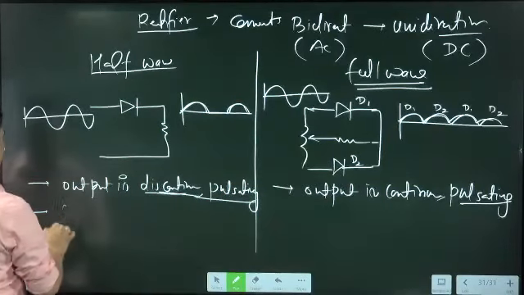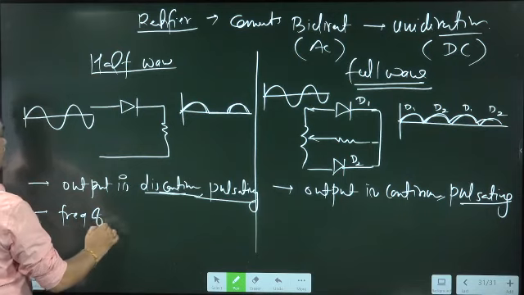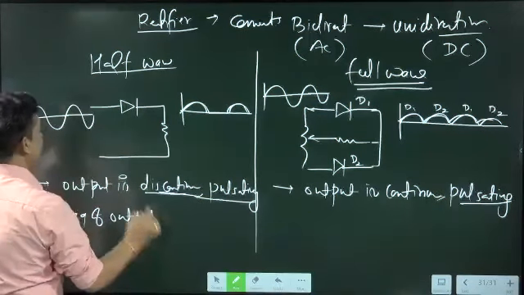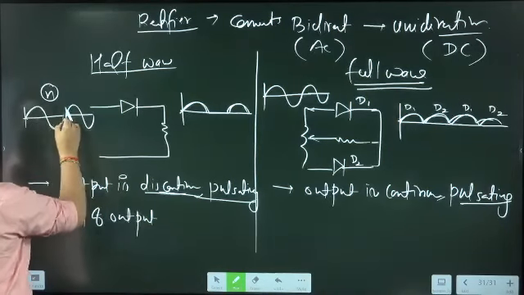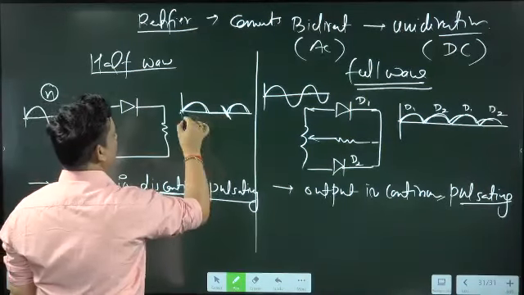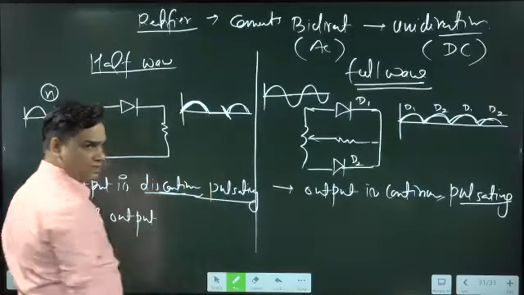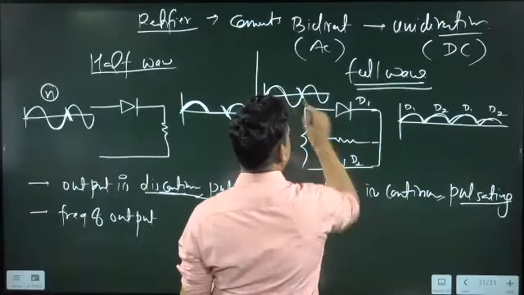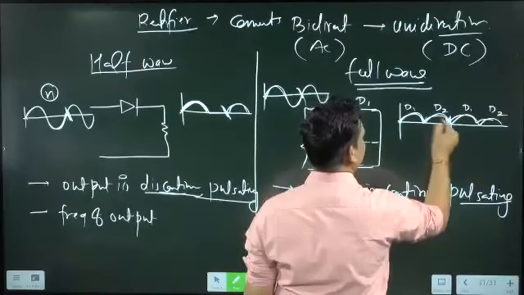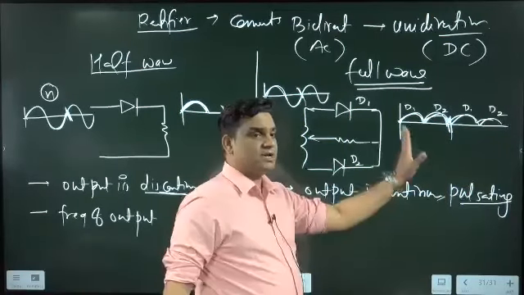Now the frequency of the output. Here the frequency is N. Like this completes one cycle, and here up to this time also only one cycle completes. But in full wave, up to this point it completes two cycles. So the frequency becomes 2N.